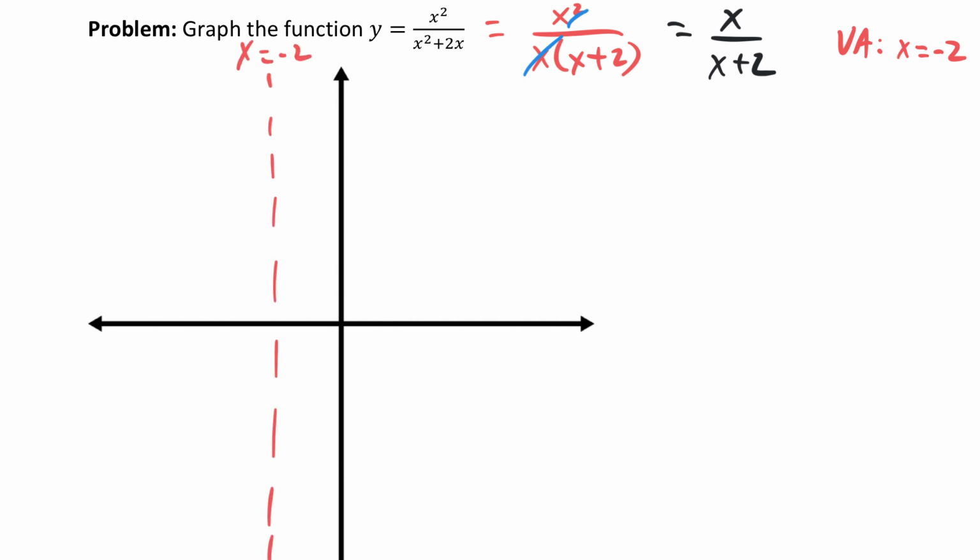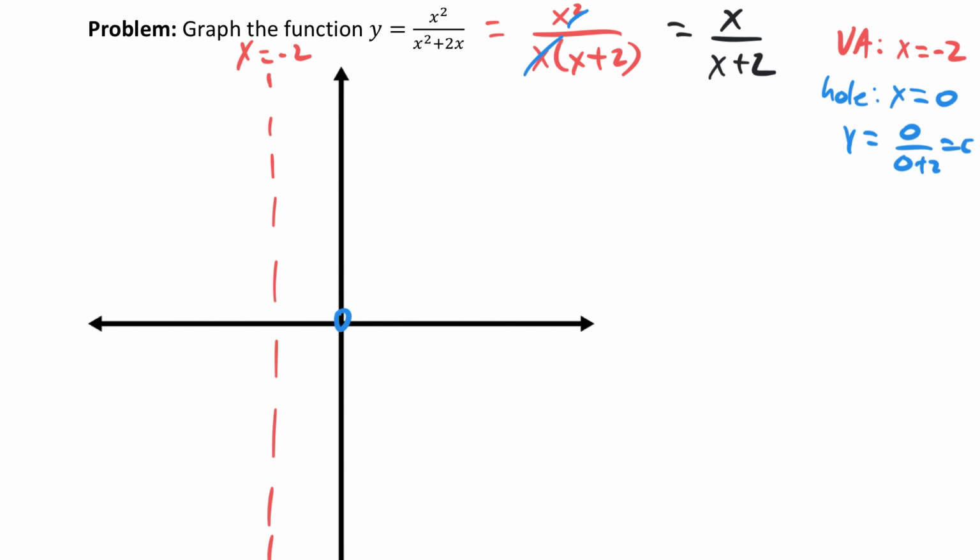Because that x canceled right there, we're going to have a hole at x equals 0. And if we plug that in into our new equation, y is going to equal 0 over 0 plus 2, which is 0. So the hole is going to be at 0, 0.